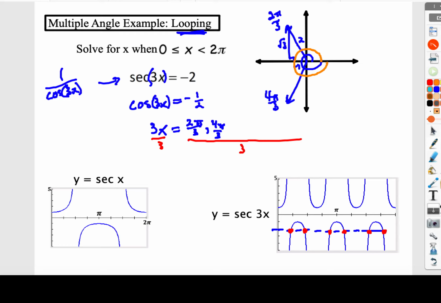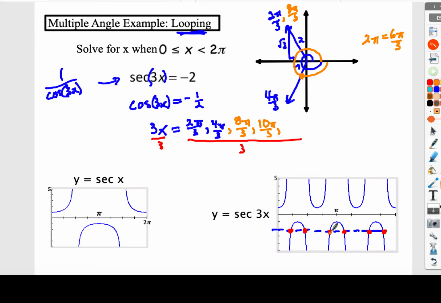Basically saying 2 pi over 3 plus another 2 pi, or 8 pi over 3 would be a possible good answer. 2 pi being equal to 6 pi over 3. And if I take 4 pi over 3 and add 6 pi over 3, that'll get me this second answer over here. So 10 pi over 3.